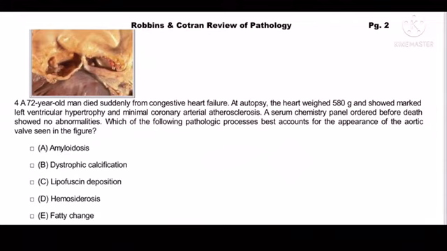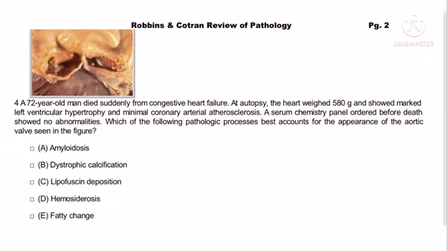A serum chemistry panel ordered before death shows no abnormality. Which of the following pathological processes best accounts for the appearance of the aortic wall seen in the image? This image is available in the Robbins and Cotran pathology book, and taking this image they have made a question.